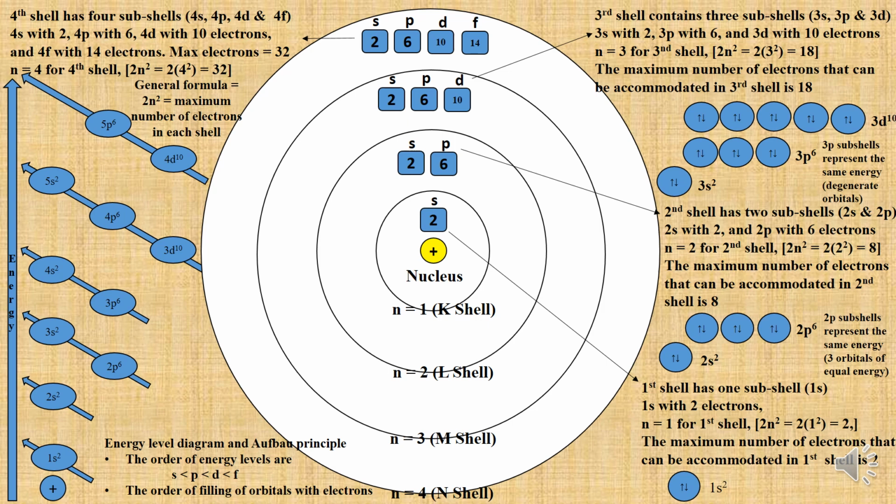So the order of filling of orbitals with electrons in accordance with the Aufbau principle is purely based on the order of energy levels. First, the orbitals with lower energy are filled first, followed by orbitals with higher energy.